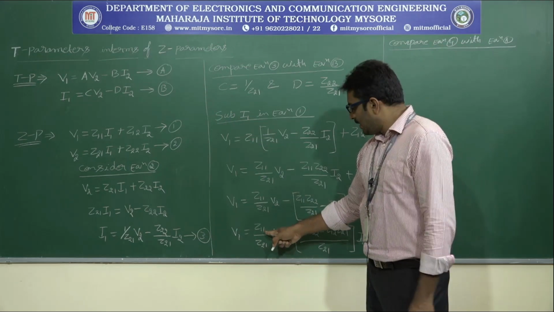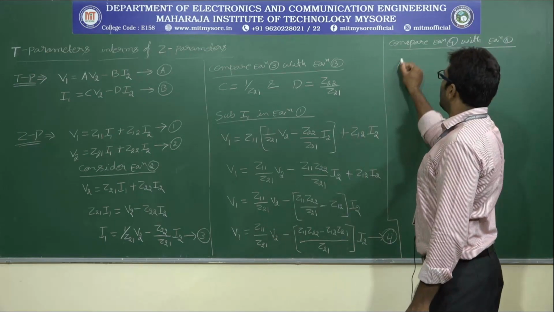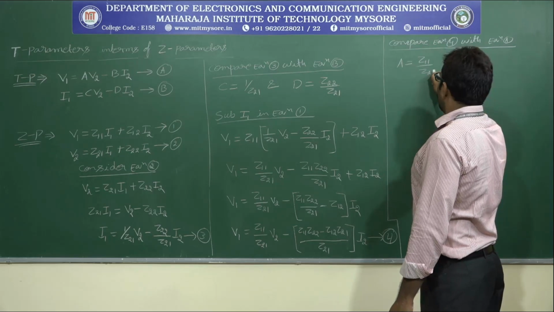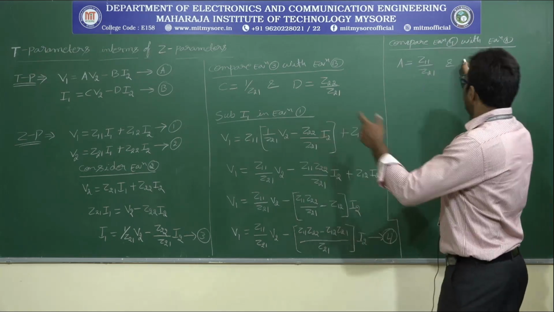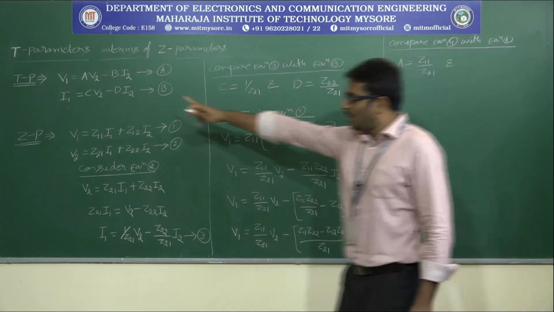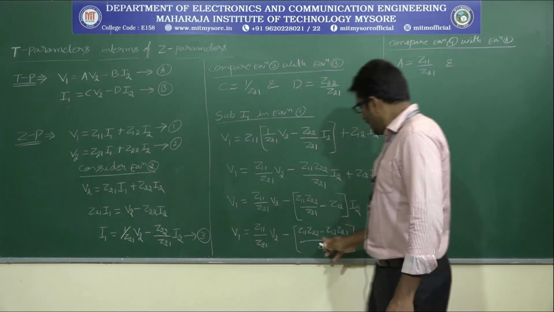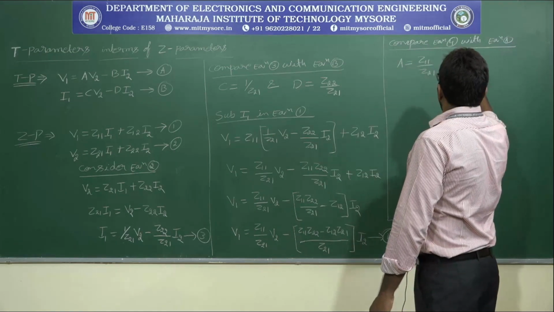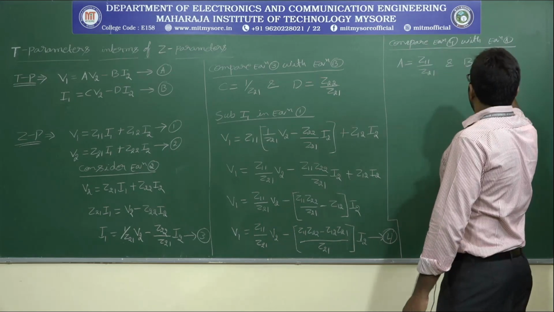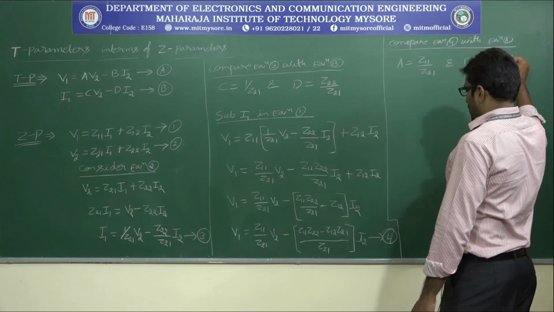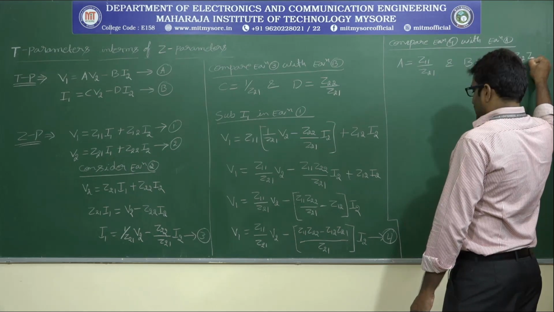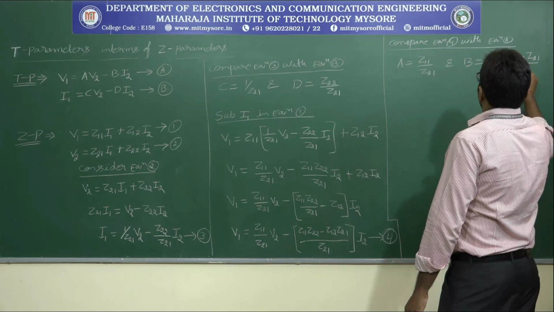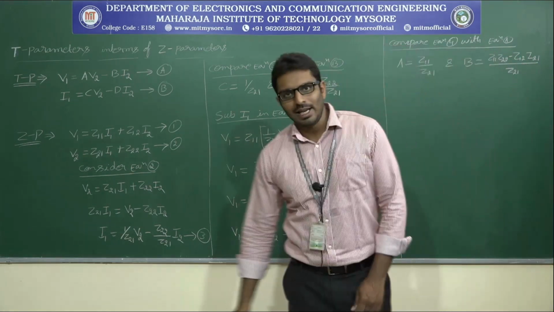Here it is Z11 by Z21. Therefore, A is equal to Z11 by Z21 and B is equal to, the minus is already there in the standard equation, and in this equation also the minus sign is there. Therefore, B is equal to Z11 Z22 minus Z12 Z21 divided by Z21. Is that clear?